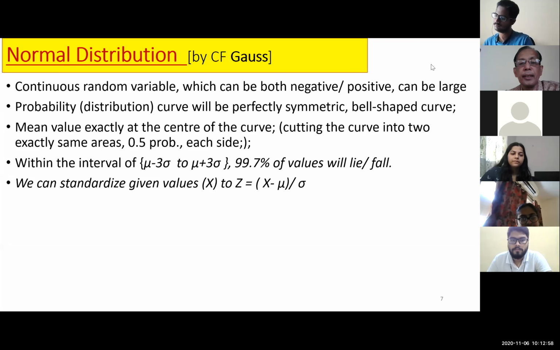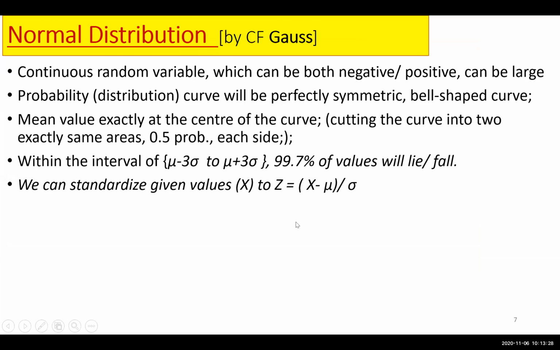In it we had done standardization of given values, and we had computed standard scores. At that time I had said we would teach this in detail in normal distribution. So in normal distribution, one more property is, whatever values are given, the original values, we can convert them into a standard score, standardization, and that formula is z equals x minus mu by sigma. All of you please remember.